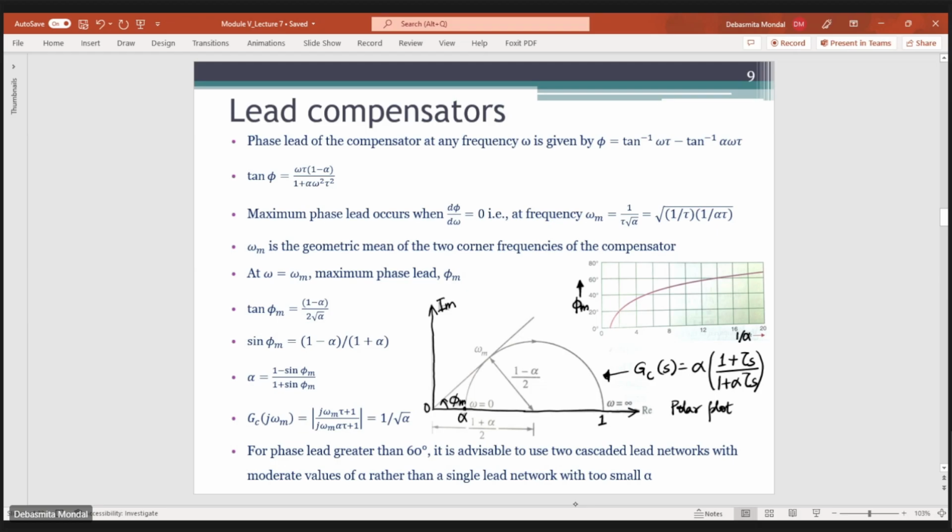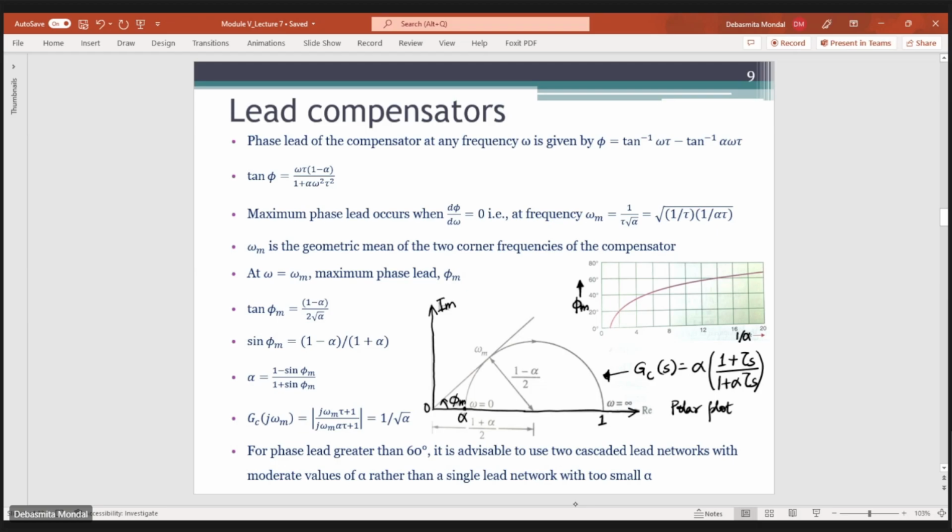Since the value of alpha is less than 1, this is a positive gain, not an attenuation. So in a lead compensator, the high frequency noise signals are generally amplified by a factor of 1 by alpha, while the low frequency control signals undergo unit amplification, because at low frequency the magnitude plot is 0 dB. And 0 dB is equivalent to unity gain.